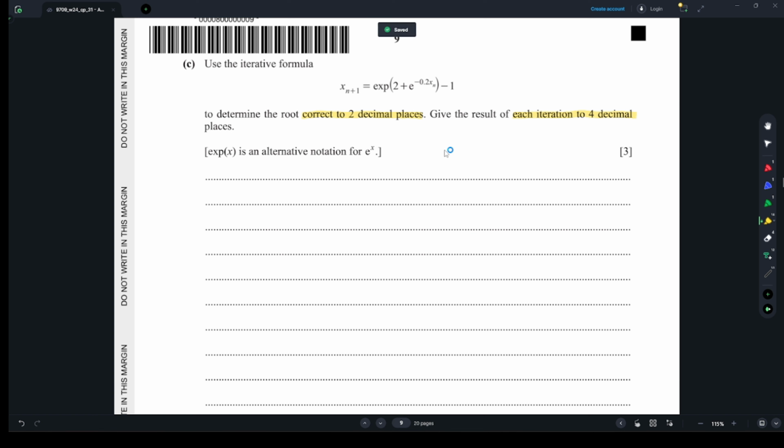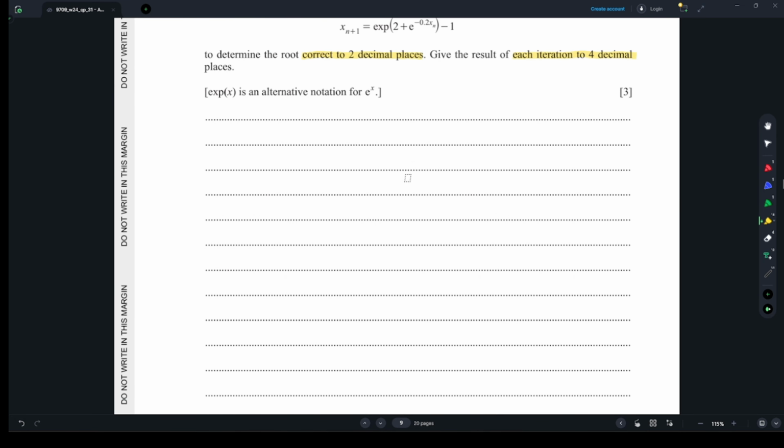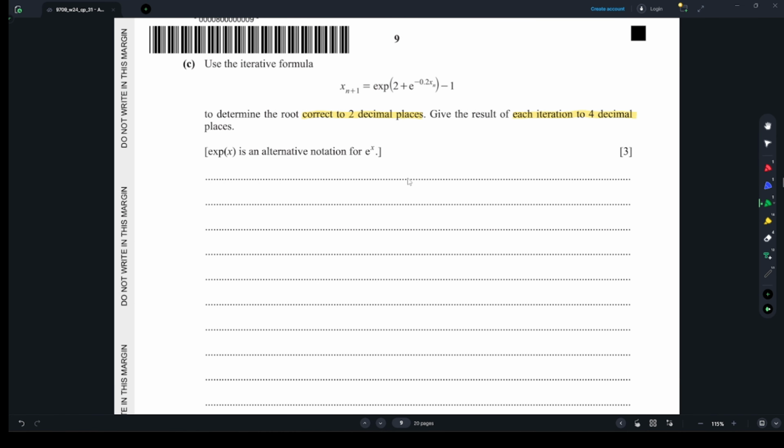Okay, and exp x is an alternative notation for e to the power x. So now for this one, we can write it down. Here x n plus 1, as they're saying, is e to the power 2 plus e to the power minus 0.2x n, and then minus 1.